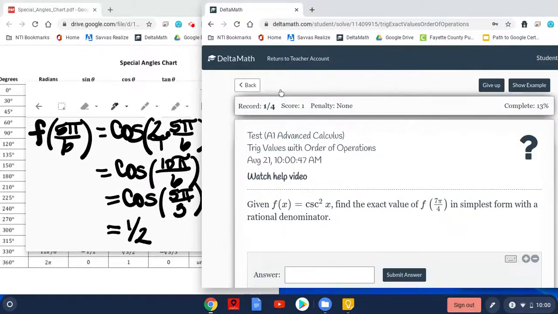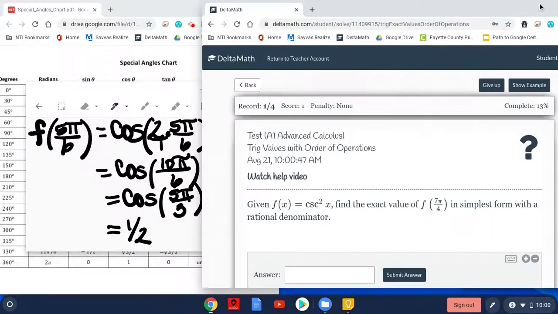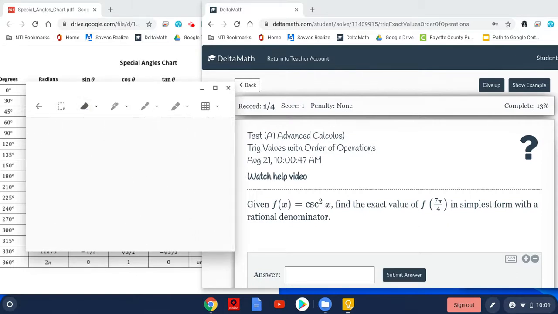Are there any others? I do want to do one like this with you, where you have the cosecant squared of something. I just want to remind you, let me erase what I had before, that when you see that notation cosecant squared, so if I see something like cosecant squared of x, that's the same thing as cosecant of x and then that entire quantity squared.